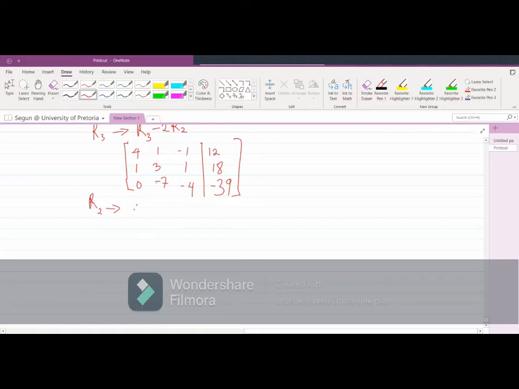So I think it will be easier if we switch row 2 and row 1, sir. Why? Because we have unity. Unity will be the leading coefficient, and it will make our operation easy. Well, that's one form, but I can decide to leave it like that. Okay, sir.